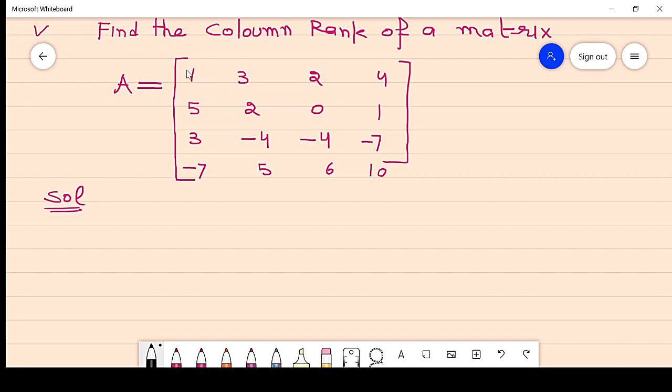Now, these are the diagonal entries. This is a 4 by 4 matrix. My aim is that the entries above the diagonal should be 0.